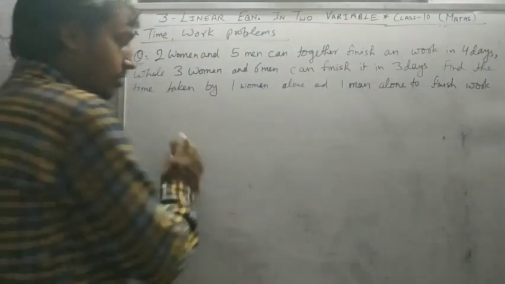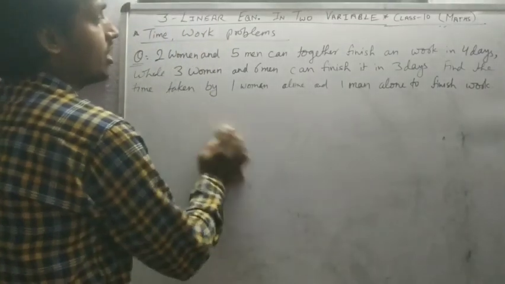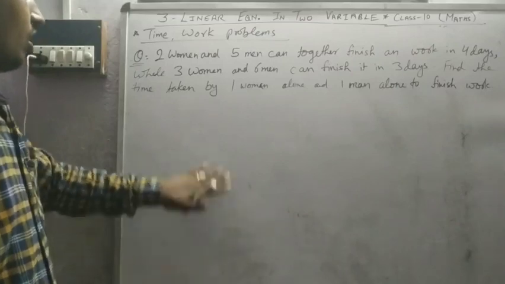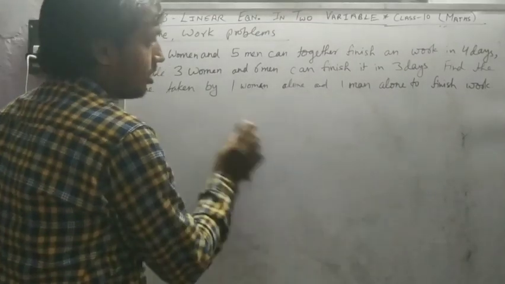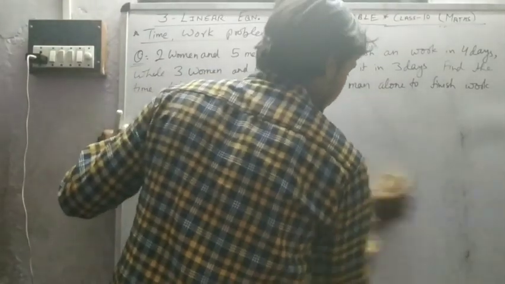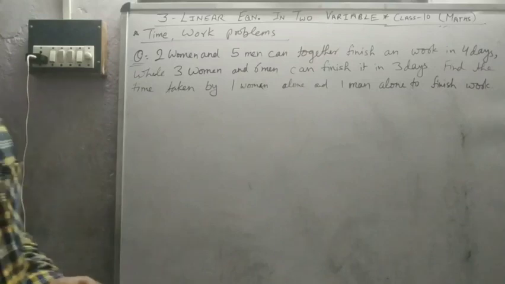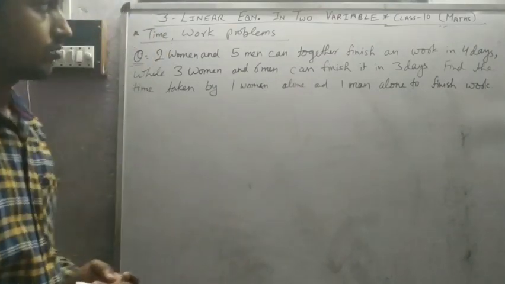If I say 2 women and 5 men can together finish a work in 4 days, while 3 women and 6 men can finish the work in 3 days. Find the time taken by 1 woman alone and 1 man alone to finish the same work.